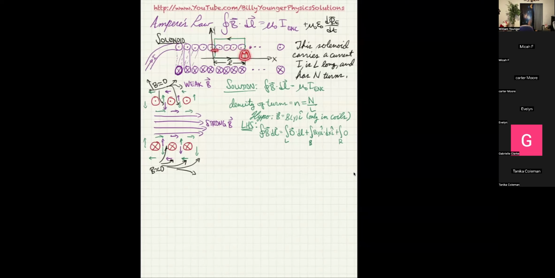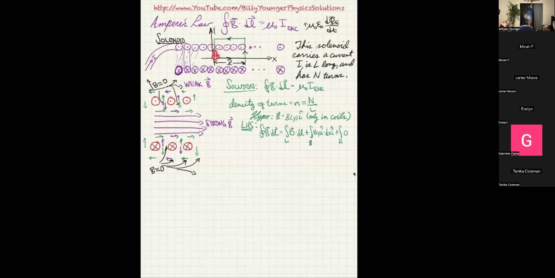But for this little part and this little part, the magnetic field is this way, and the dl vectors are this way. So that perpendicular dot product makes it 0. So that's why this is 0, because the dot product for a magnetic field here and a dl here is 0. And then out here, it's all 0.